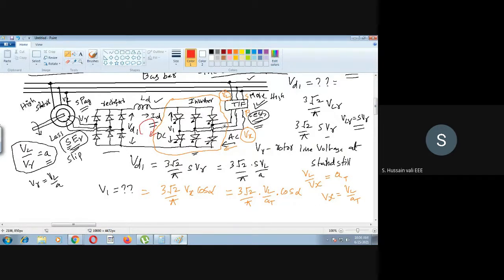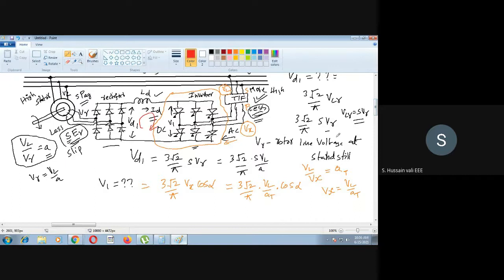We know that when alpha is greater than 90, it falls into the second quadrant, so cos alpha becomes negative. Then you will find plus here and minus here, whereas the DC side of the rectifier, you know very well, is plus here and minus here. I'm just finding the polarity.